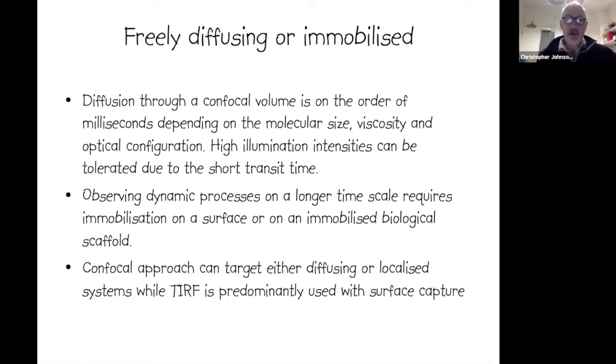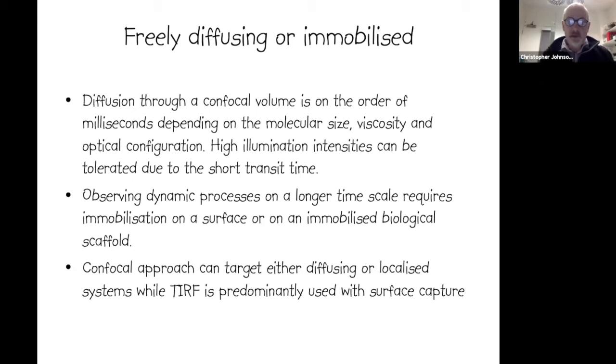So I've mentioned already that we can look at freely diffusing or immobilized molecules. And one of the issues here is that with a confocal volume of a micrometer or so, diffusion through that confocal volume by a random stochastic process is going to occur on the order of milliseconds, depending on the size of your molecule, the viscosity of your solvent, and various other elements of the optical configuration of your system.